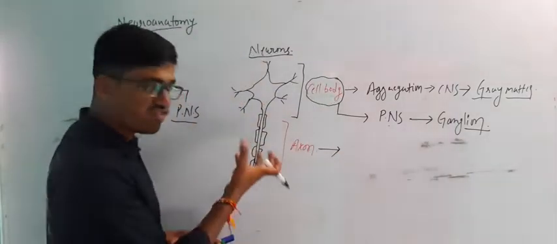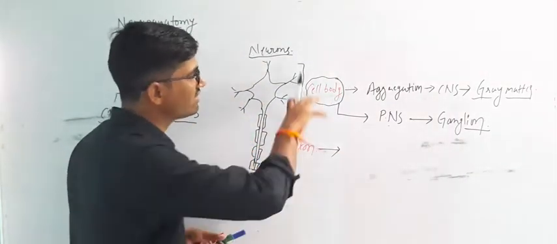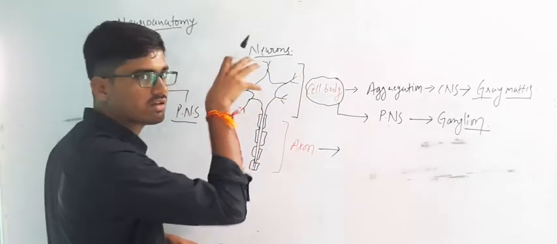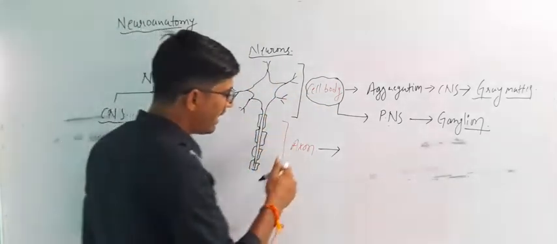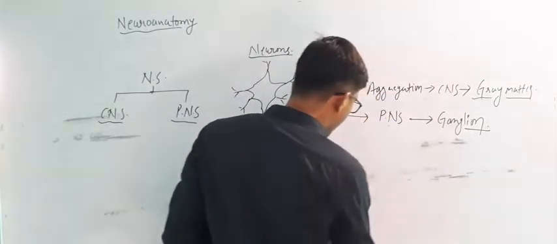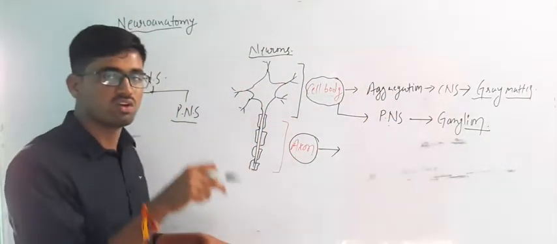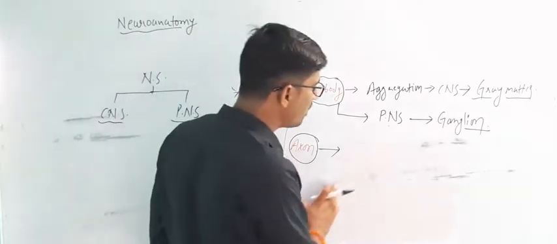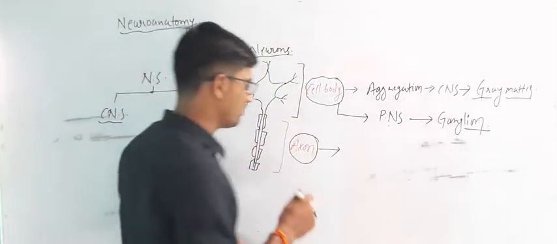Now the axon. If aggregation of cell bodies means we are talking about neurons, then the aggregation, or bundle, of axons within the central nervous system is called white matter.